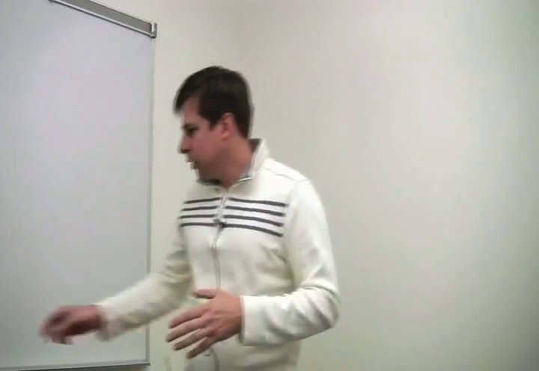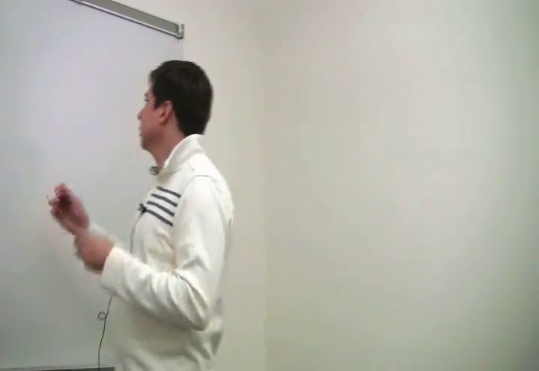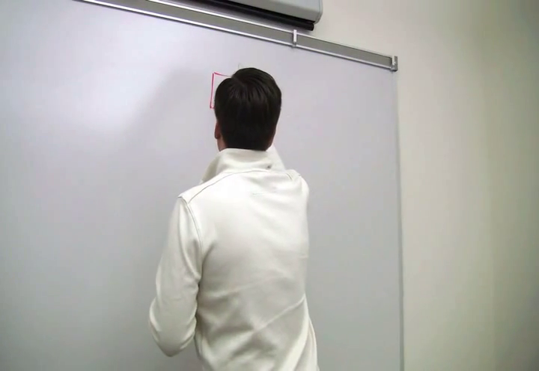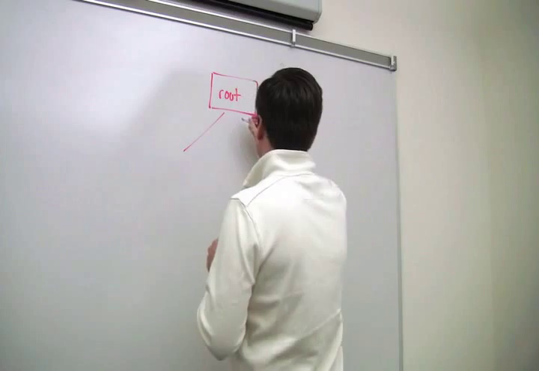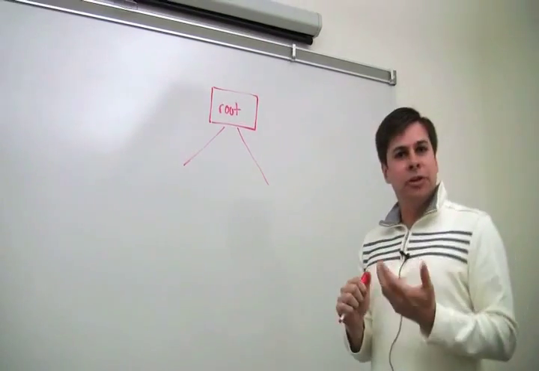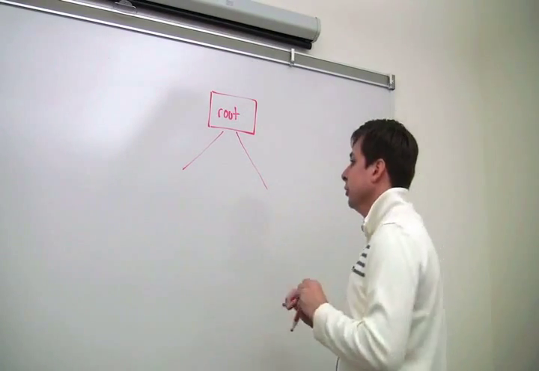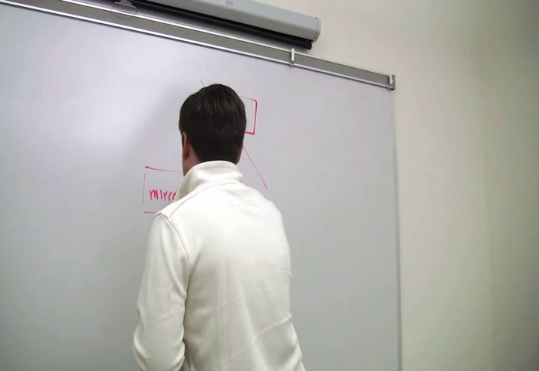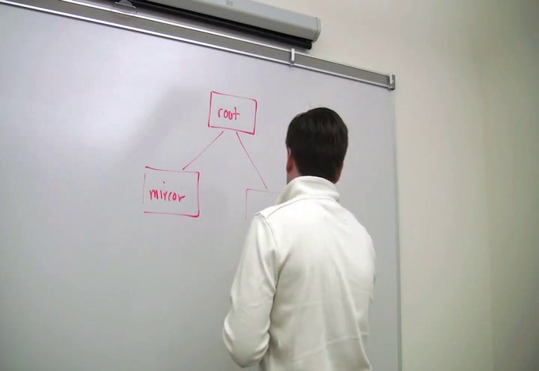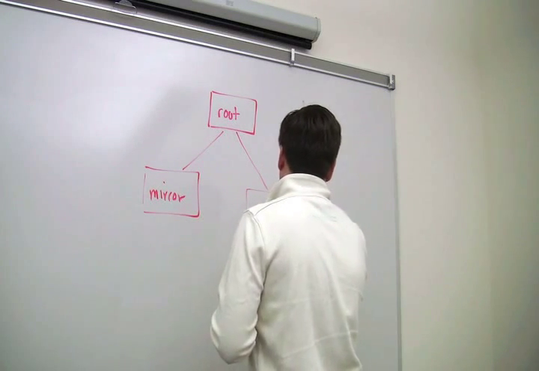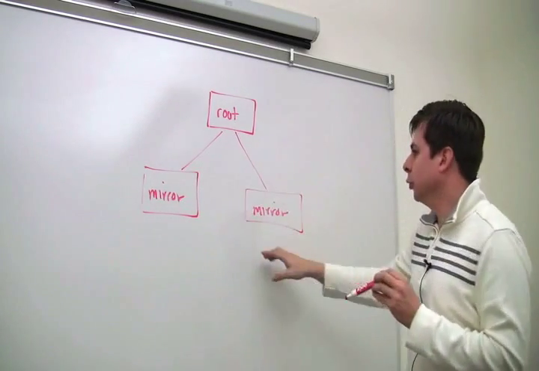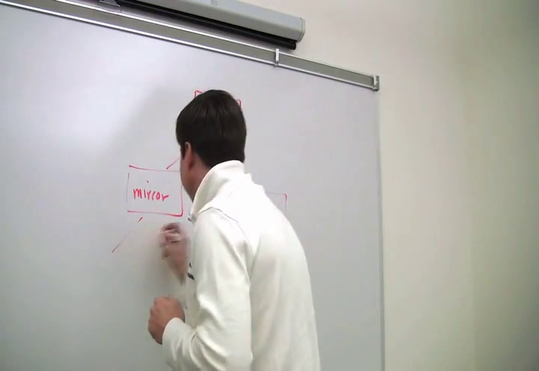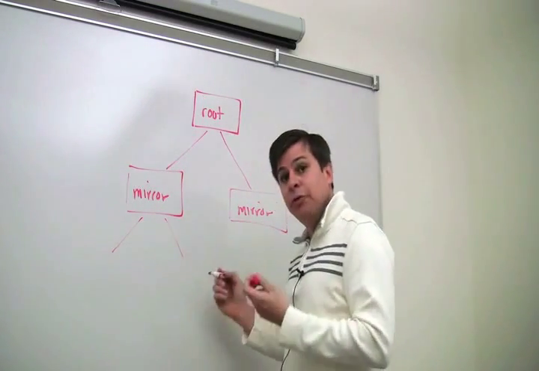I just want to draw up an example of what I mean by this. If this were my root VDEV, and I wanted a pool comprised of two sets of mirrors, I would have directly below the root two interior VDEVs of type mirror, and those would be comprised of at least two physical devices.